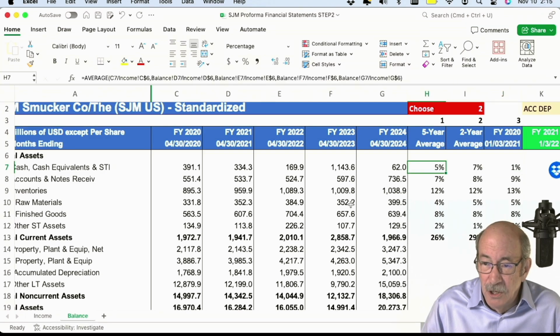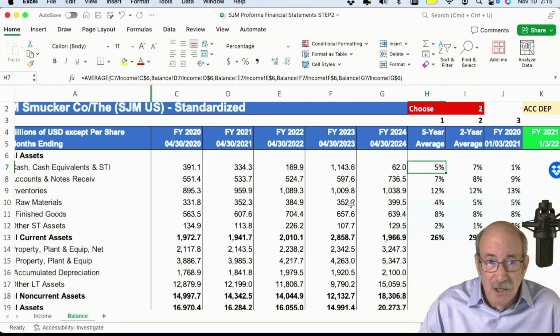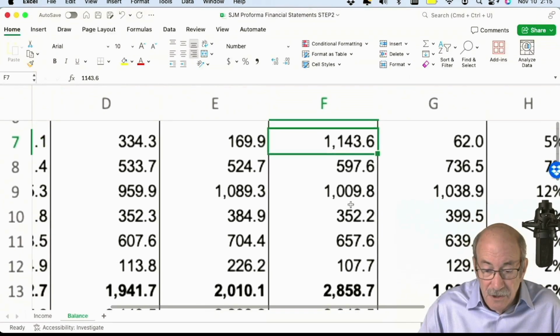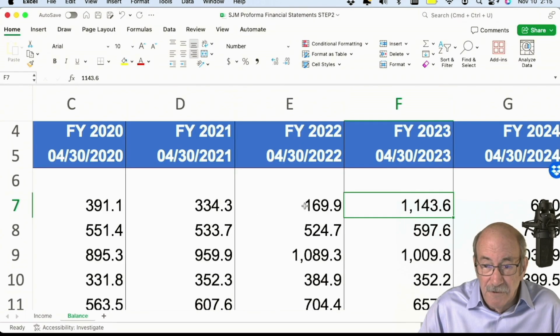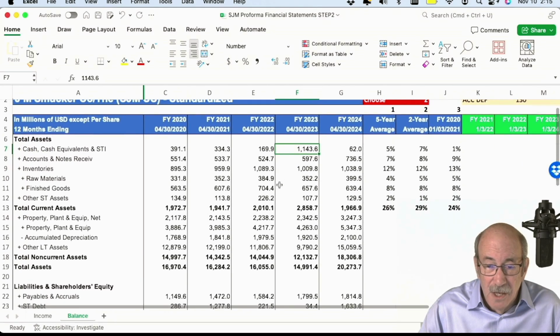So I'm probably going to pick something between 1 and 5% as an actual number. And I may even change some of these because I want to deal with this outlier right here, this 1143.60. I want to fix that and make sure that I don't have any difficulties there.